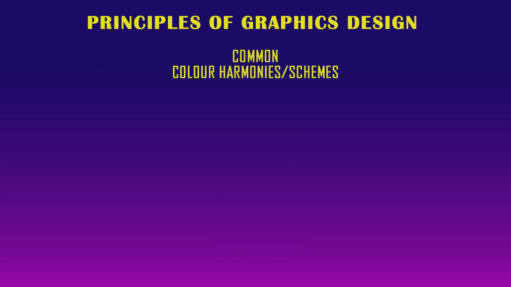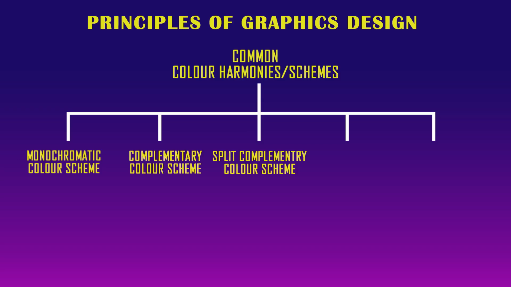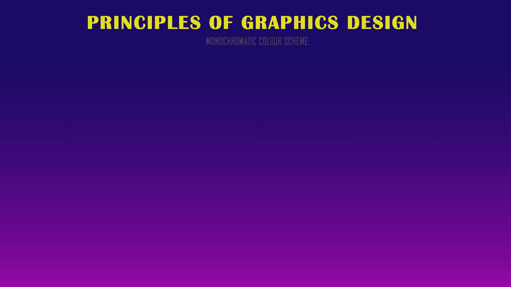Now, there are several color schemes, but the most commonly used color schemes, or harmonies as they are also called, include monochromatic colors, complementary colors, split complementary colors, analogous color scheme, and triadic color scheme. Now let's go to the first one, monochromatic color scheme.